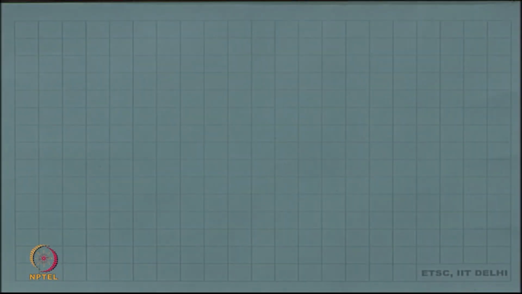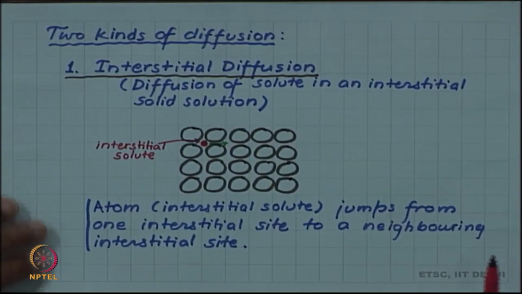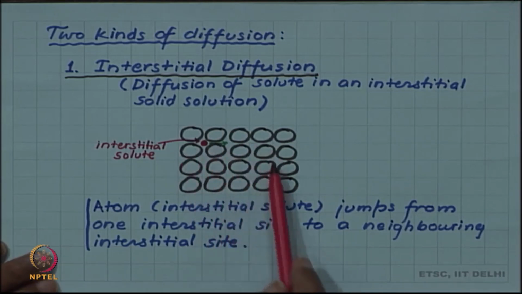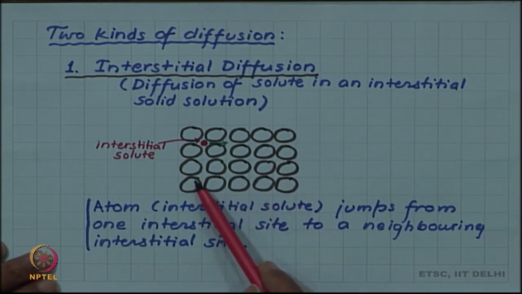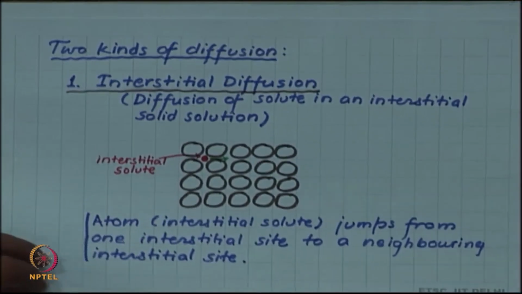Just let me justify one statement which I made, that for an interstitial solute atom, there are lots of neighboring interstitial sites which are already vacant. So, here the vacancy problem was not there, because the vacant sites are naturally available.